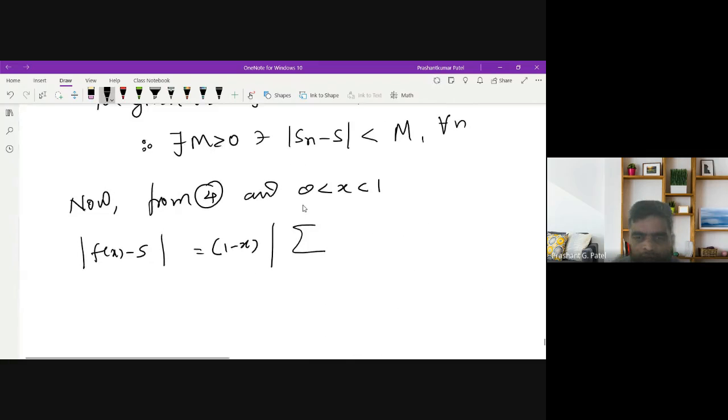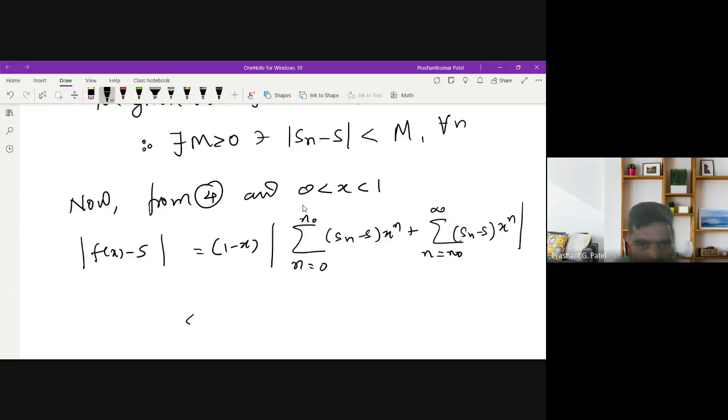One is running from 0 to n0, (Sn minus S) x to the power n, and another one is n0 to infinity, (Sn minus S) x to the power n.